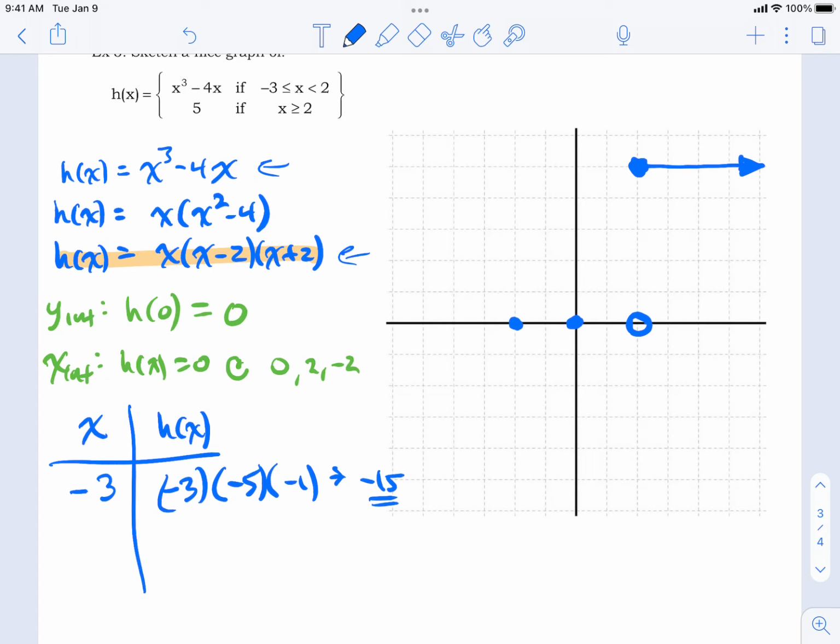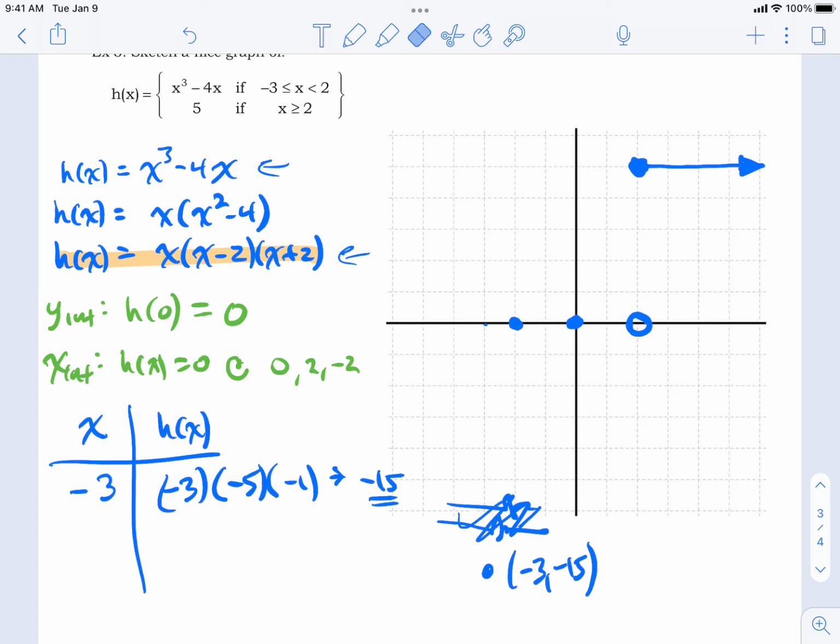So when x is negative 3, I'm going to label the point, and the graph is not quite to scale. Let me try to draw that a little more neatly.